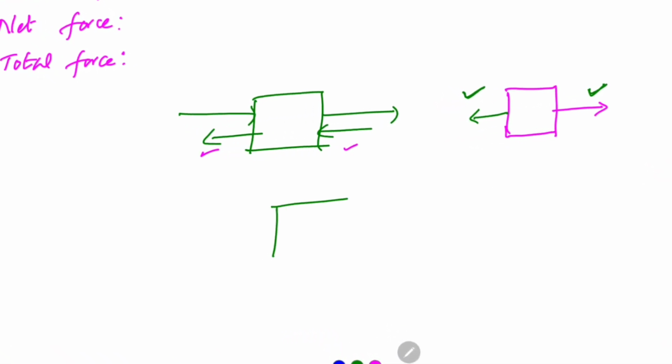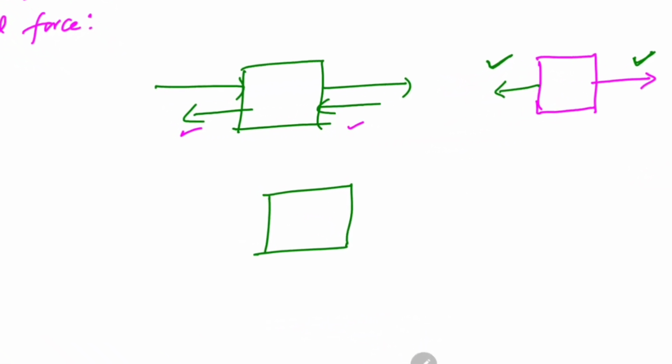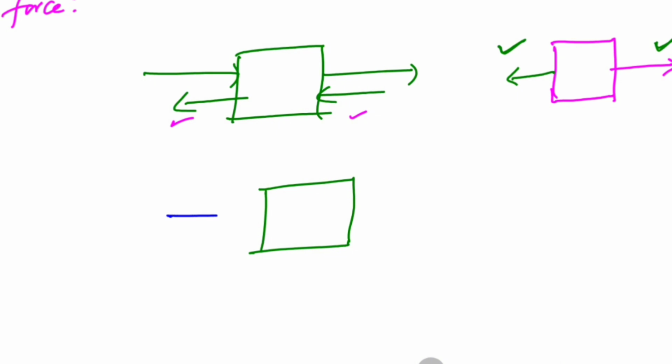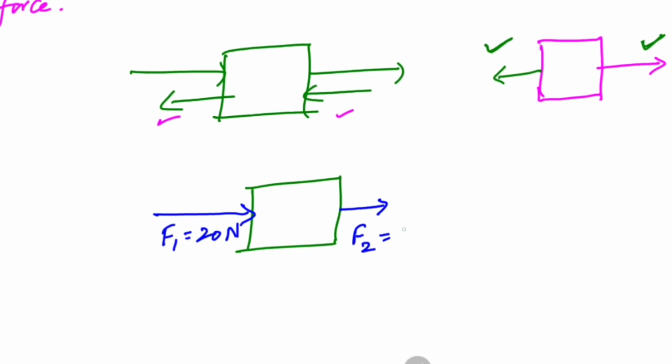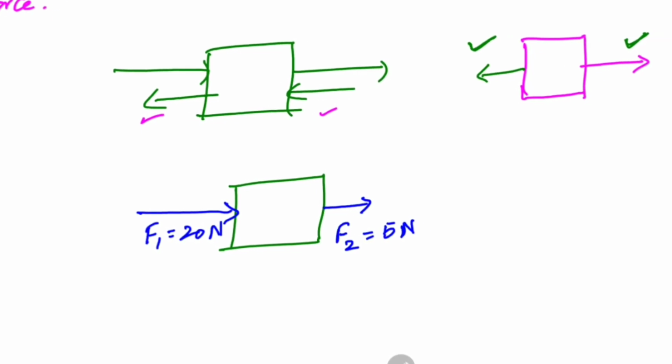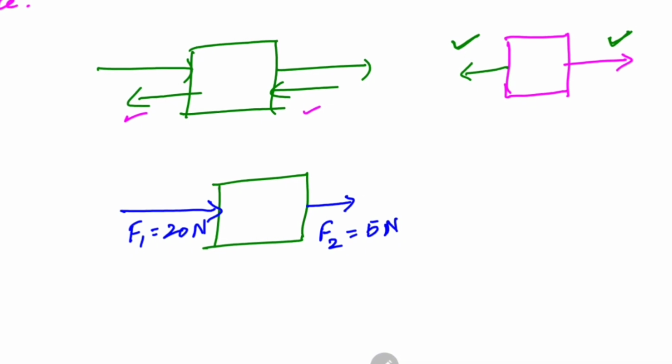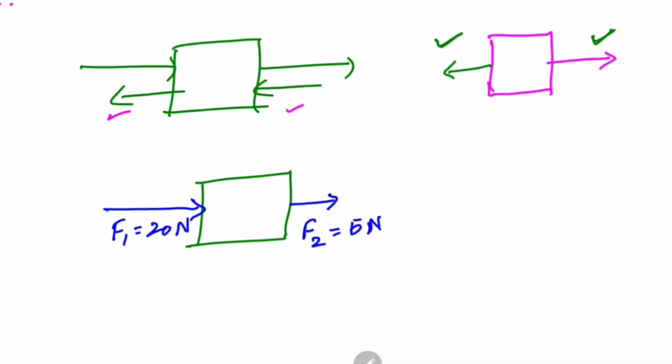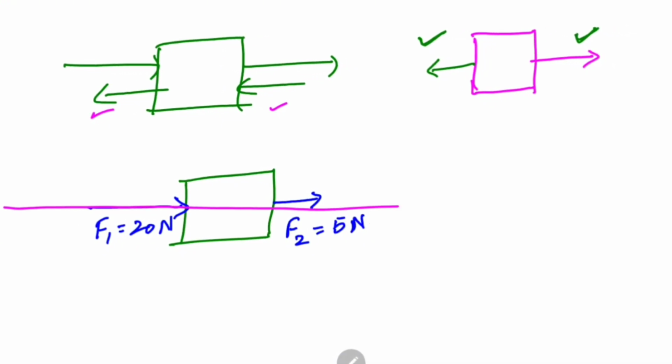See, for example, this is a body. On this body, two forces are acting. Let us say this is F1, which is equal to 20 Newton in the direction of east, and this is F2, which is equal to 5 Newton in the direction of east. Both are acting in the same direction and along the same line. Remember this.